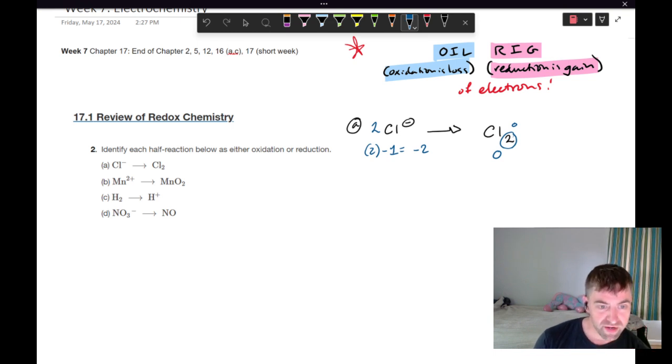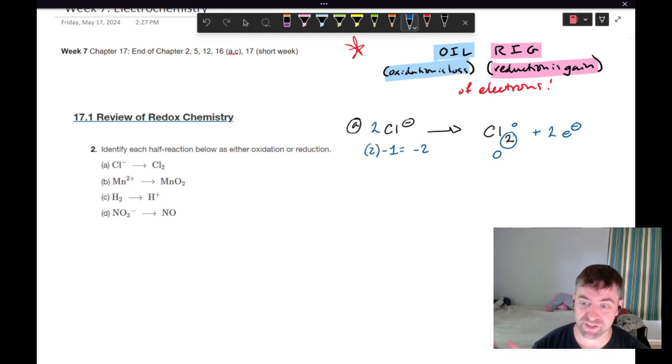So the way to think about this is we have a -2 net charge on the left side of this and 0 on the right. We need to add electrons to the side with the more positive charge. And so we're going to add our 2 electrons to the right side of this reaction in order to balance this. And this is just our accounting step.